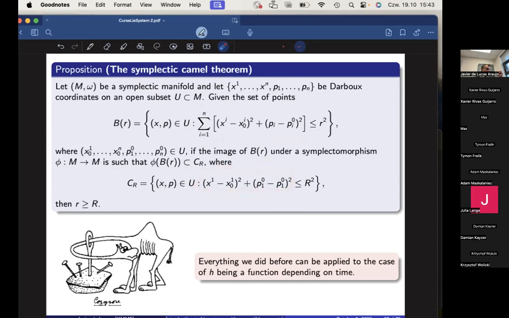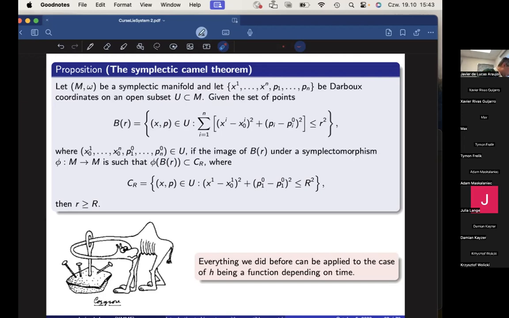This is describing a certain cylinder with radius r. So if you have this ball and you have a symplectomorphism, for example, given by the evolution of the dynamical system, and you can put it inside a certain cylinder with radius r, it turns out that the radius r has to be bigger.